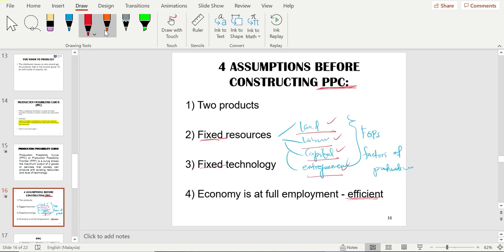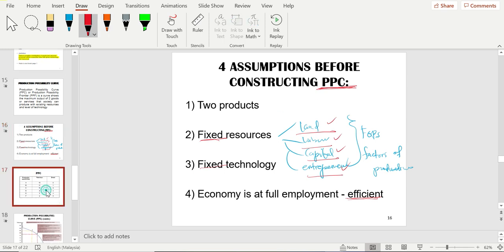Tapi going back to our assumption to construct the PPC, kita akan assume every country in the world they are being full employed, they are efficiently use their factors of production. Okay, so this is the assumption you need to memorize, because they always ask about the assumption before we can construct the PPC.